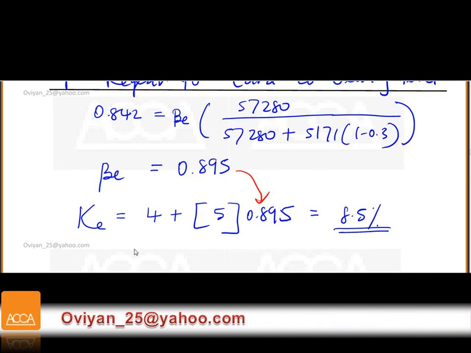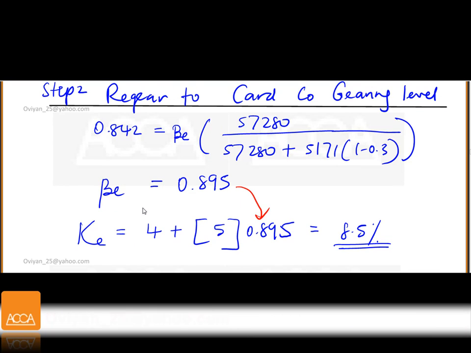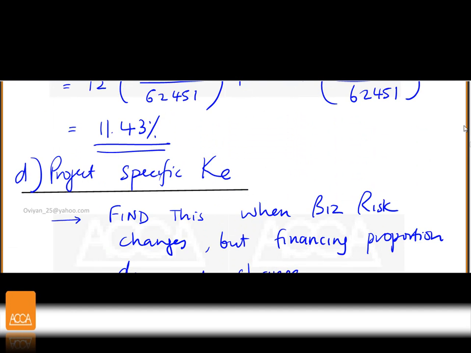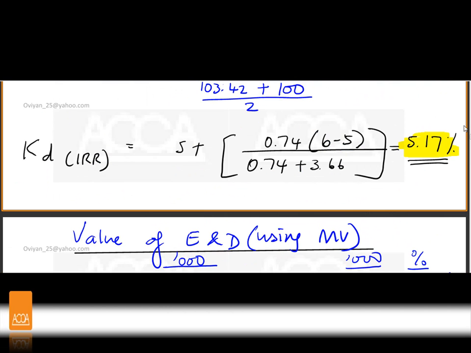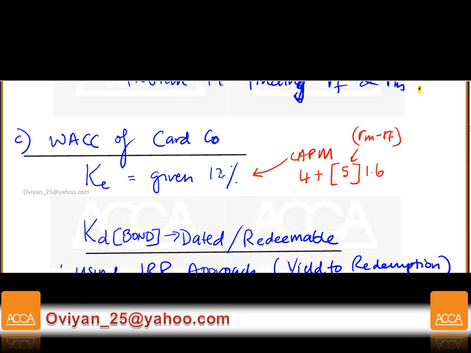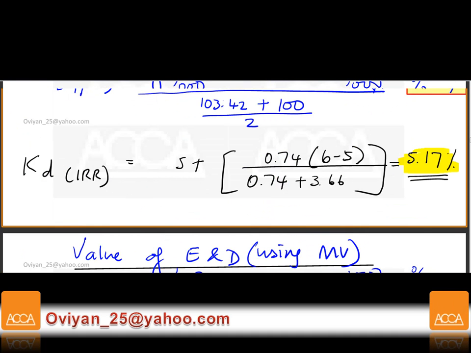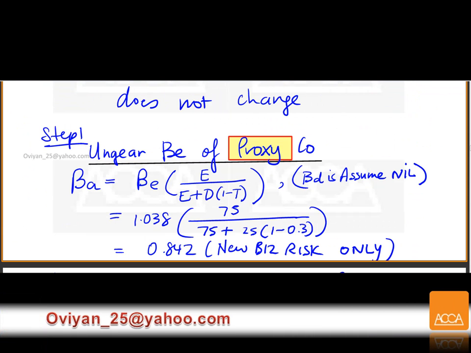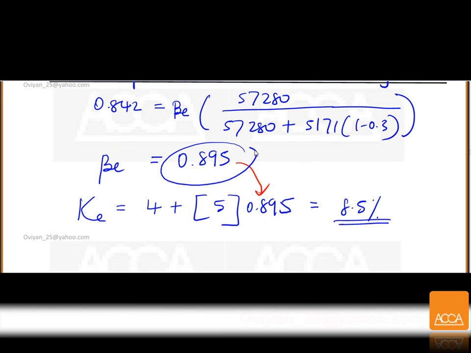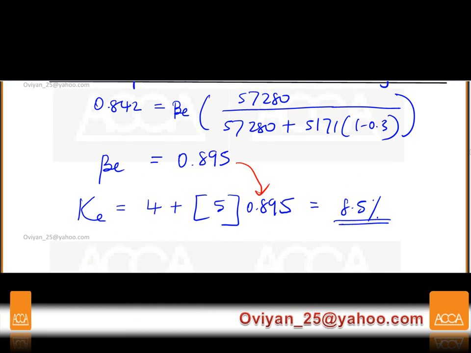But just to make some comments, they didn't ask us, but just to make some comments. 8.5%, we got just now cost of equity using this method. Existing business cost of equity is 12%. Our existing beta is 1 point something. The new business beta is 0.895.